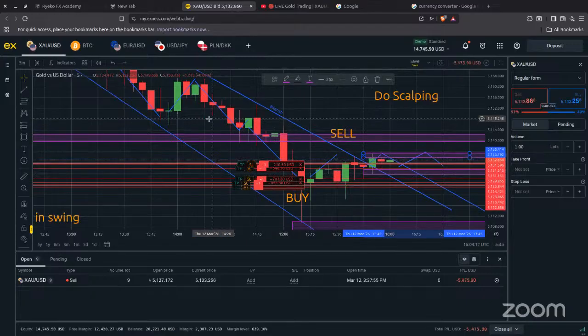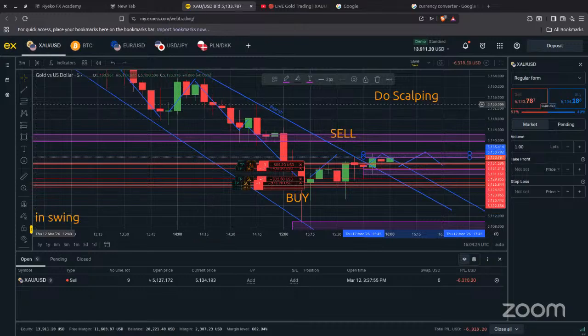If it keeps playing in between like that, it's consolidating. And after consolidation, you don't know the direction it will take. So right now, it's not a good entry. There's no entry. Right now, no entry points.